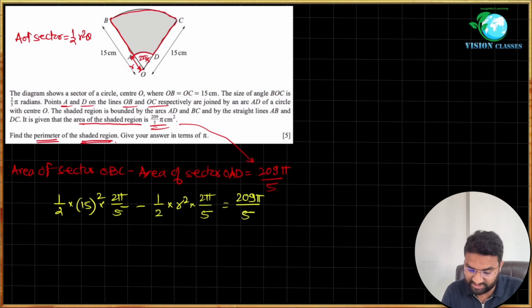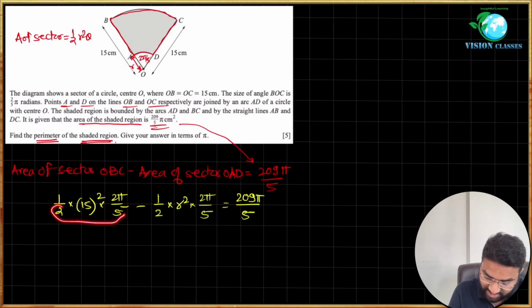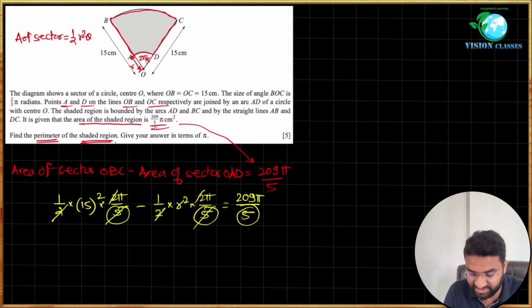Now, if you look at the denominators, you have 2 times 5 and 2 times 5 on the left, and just a 5 on the right. The 2s cancel out and the 5s cancel out, so left-hand side equals right-hand side in simplified form.